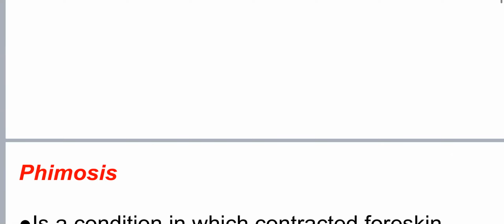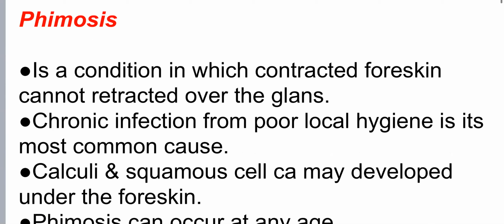Phimosis. What I mean by phimosis is a condition in which the contracted foreskin cannot be retracted over the glans. Chronic infection from poor local hygiene is its most common cause.